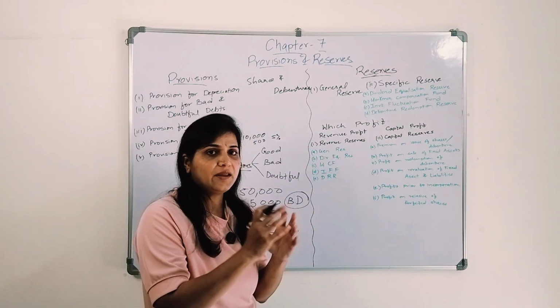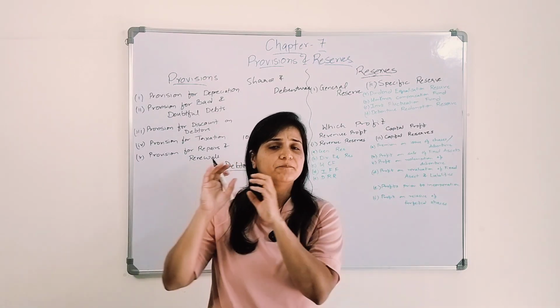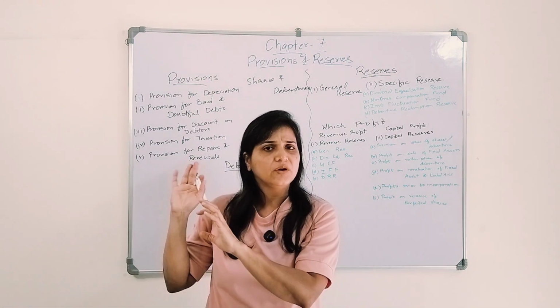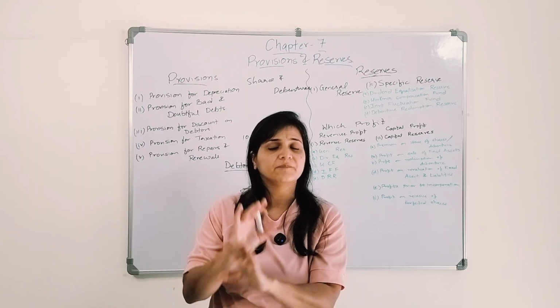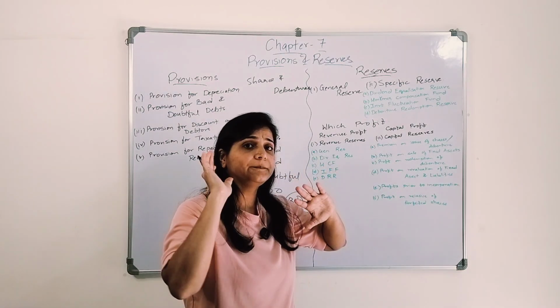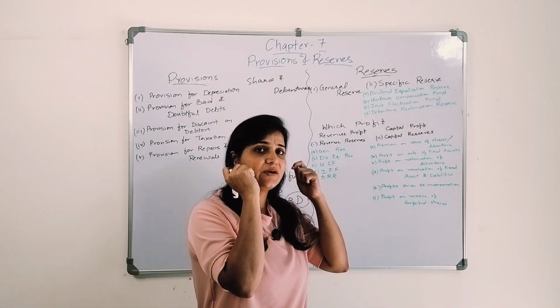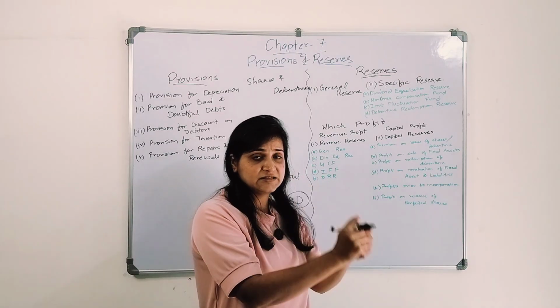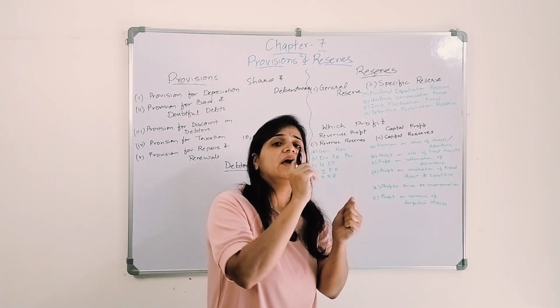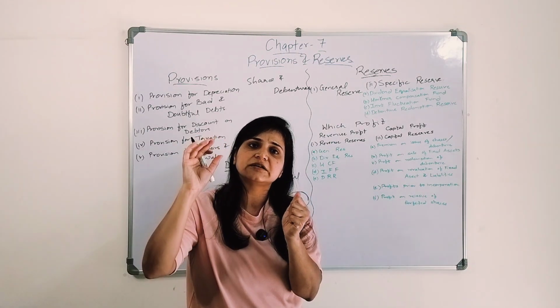Now, if you put a certain amount in the bank, the bank gives you interest. Similarly, when the general public invests their money in the company, the company also gives them a certain amount.